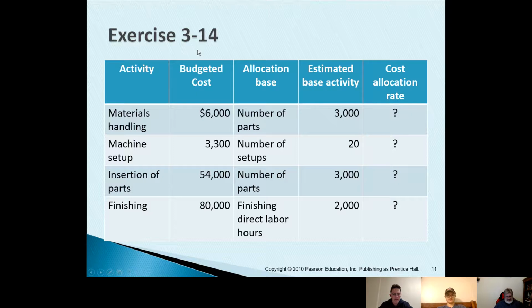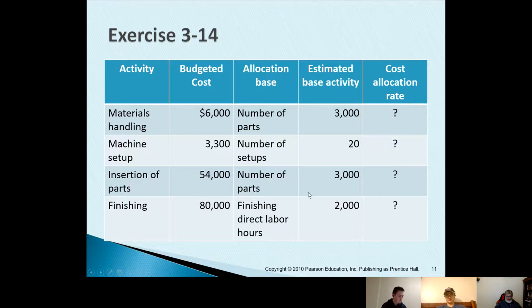So pull your book out and let's look at exercise 3-14. I don't have my book right here. Do I need to find it for this? That's fine. Just kind of follow along.